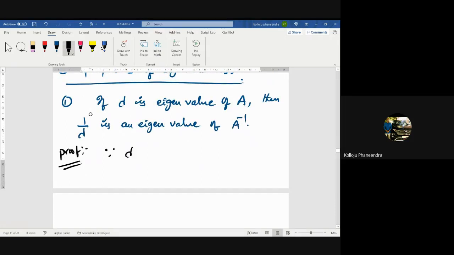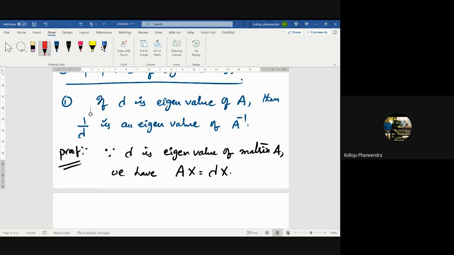Since lambda is an eigenvalue of matrix A, we have, see, for which system did we say lambda is an eigenvalue of matrix A? For the system Ax equal to lambda x. Always keep in mind, this is very important.